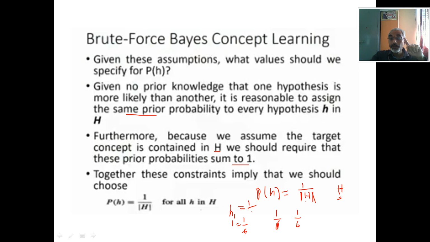Here, 1 divided by how many hypotheses are there in my set of all hypotheses, the total number in capital H. So that becomes the probability of H1. What is it for H2? Again it is the same. What is it for H3? It is the same.